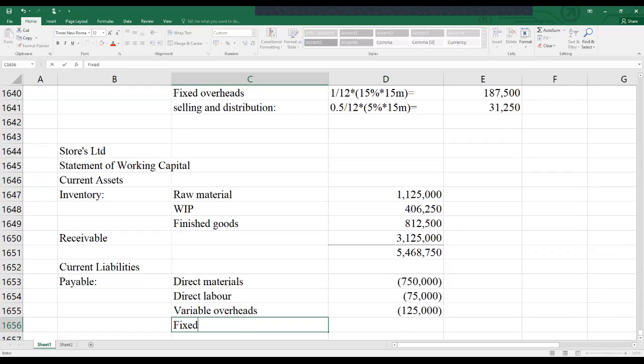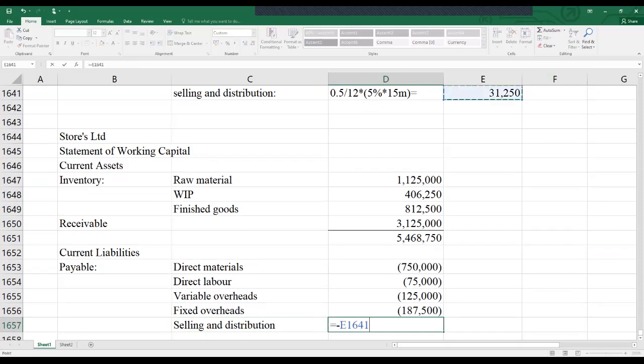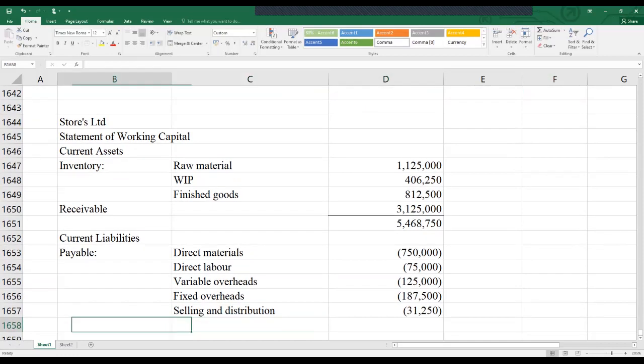Suppliers for fixed overhead, which is equal to 110,000. And you have suppliers for selling and distribution, which we got 31,250. Don't forget net working capital is simply current assets minus current liability.